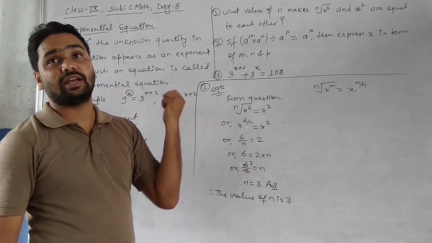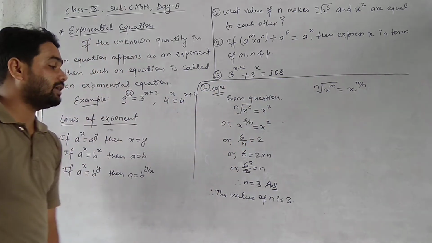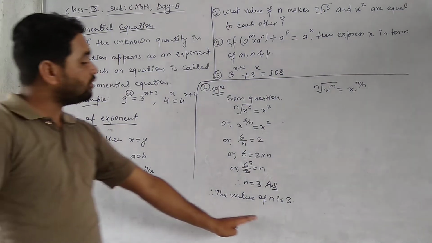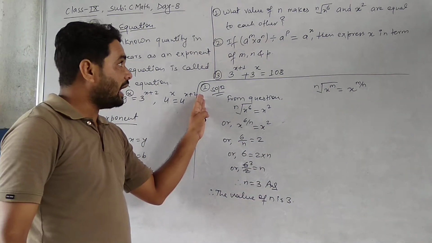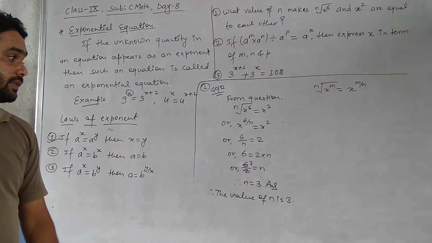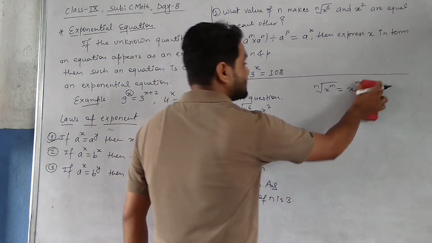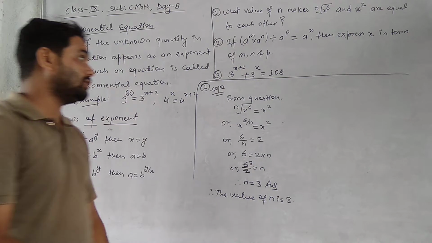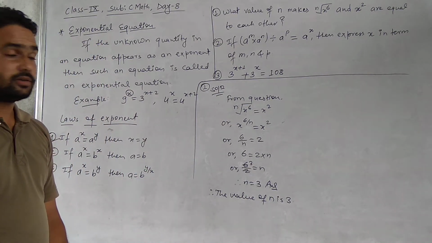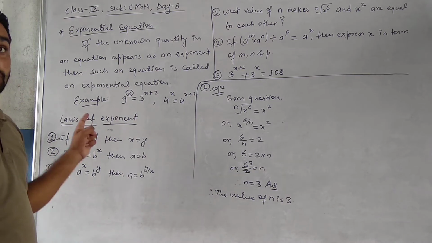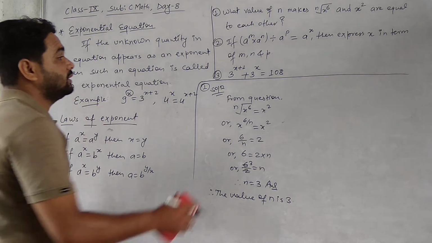That means it satisfies. So the answer we found, the value of n is 3, is the true one. This type of question is asked in the exam, in the SE also, for 1 mark. So don't get confused. We are going to apply the exponential term.